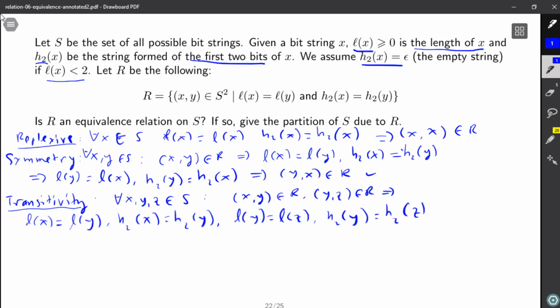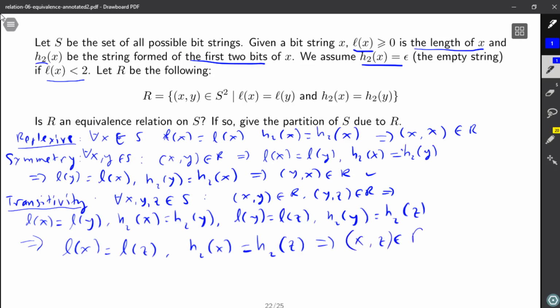So this implies that of course L(x) is equal to L(z), and h2(x) is equal to h2(z). Therefore (x, z) must be in R as well. So it's transitive, and R is an equivalence relation.